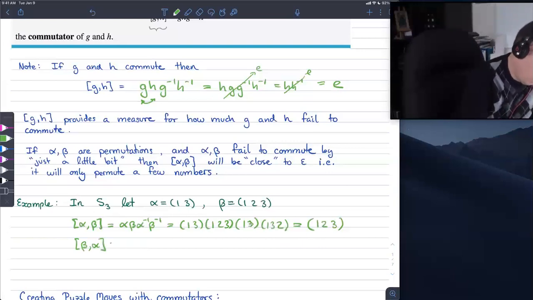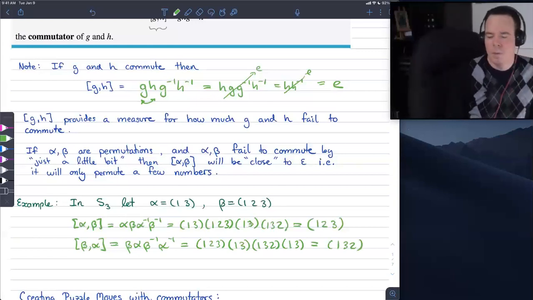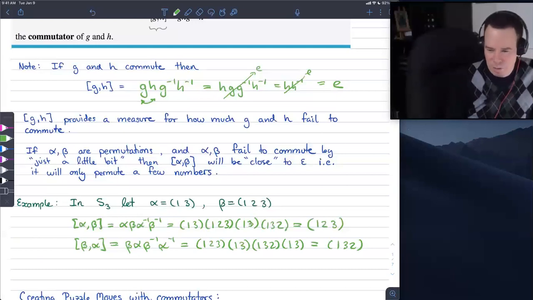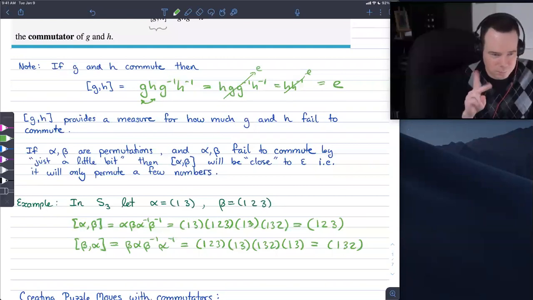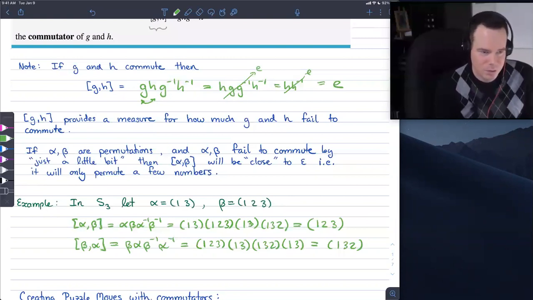We could do the commutator in the opposite order. The commutator of beta and alpha is this, and we could do that product. So beta is (1 2 3), (1 3), (1 3 2), (1 3). And if we multiply that out, we get (1 3 2). Does anyone notice something about these results? When I switch the order, yeah, they're inverses to each other.